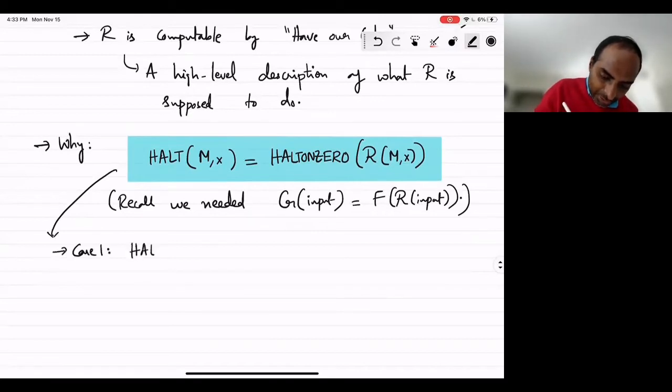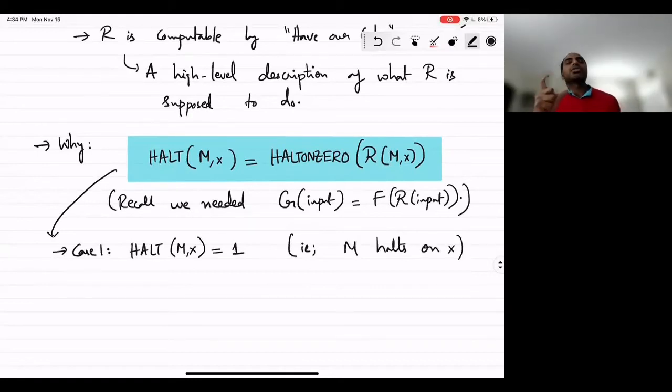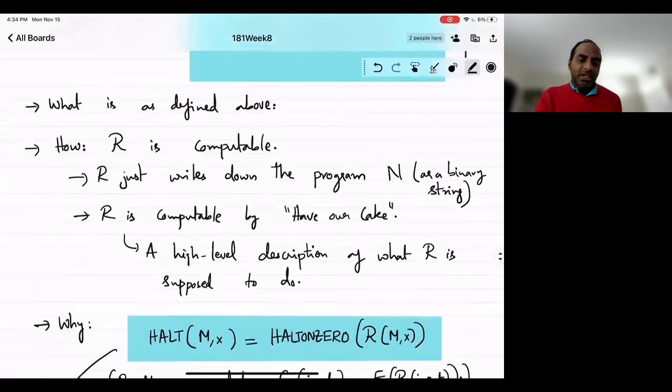Case 1: halt of M comma X equals 1. That is, M halts on X. Remember, halt is a function. It takes a program and a specific string X as input, but it's a function. We're saying the function is 1, meaning M halts on X.